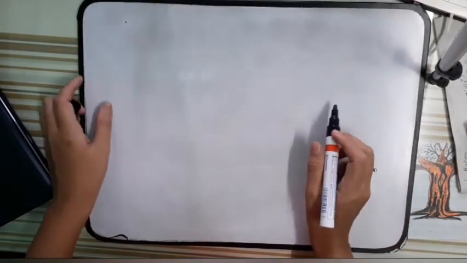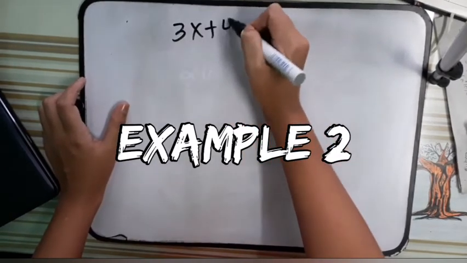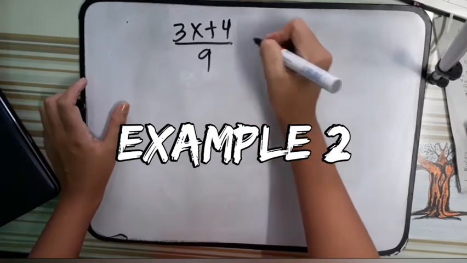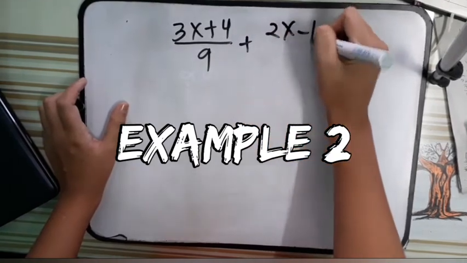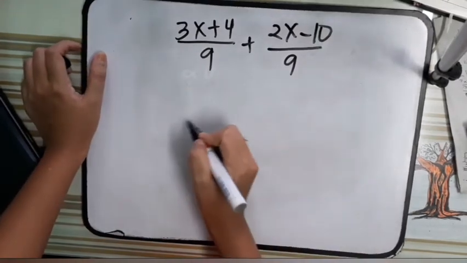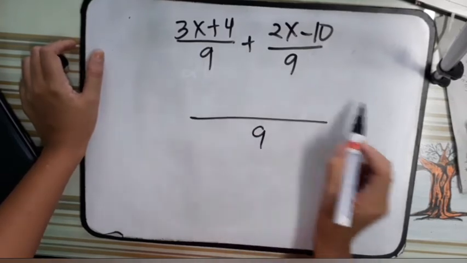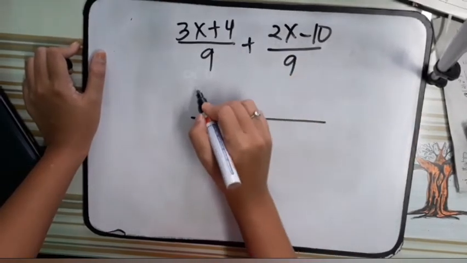Okay, let's consider our second example. 3x plus 4 over 9 plus 2x minus 10 over 9. First we need to copy the denominator, which is 9. Then add our numerators.